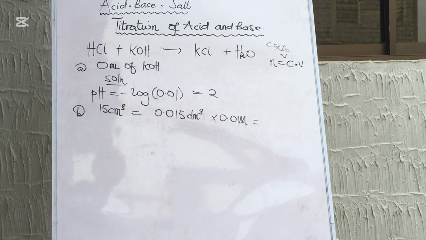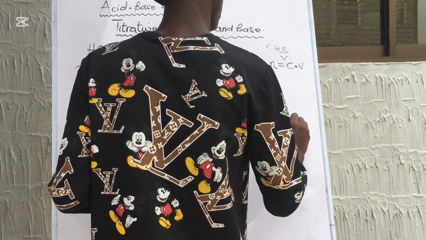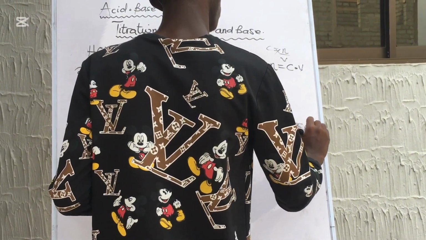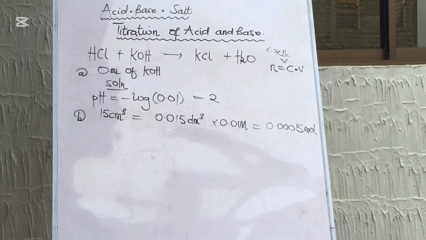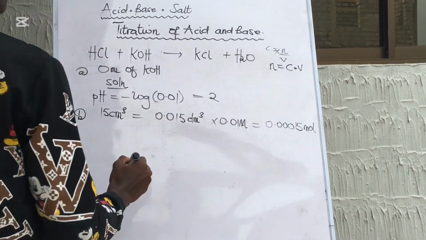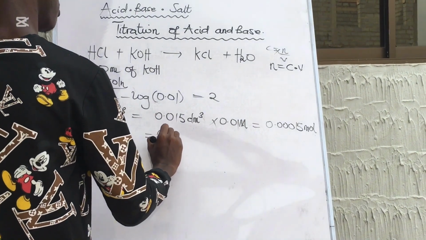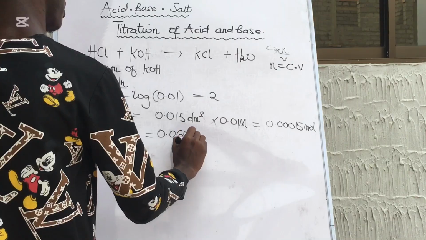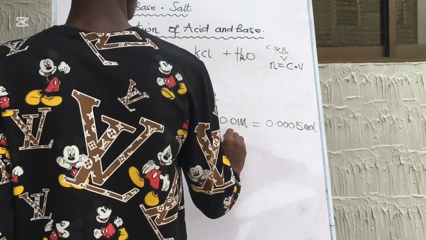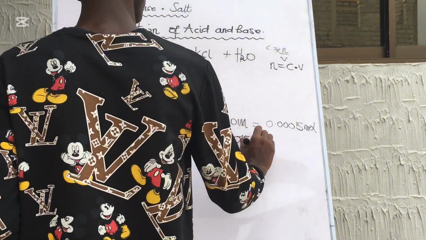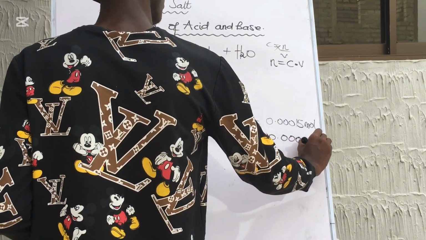Then from there, we can find the number of moles of your KOH. The number of moles of your KOH will be 0.00015 moles. Now, we also find the moles of the HCl. The moles of the HCl is 0.060 dm³ times the 0.01 molar, giving you 0.0006 moles.